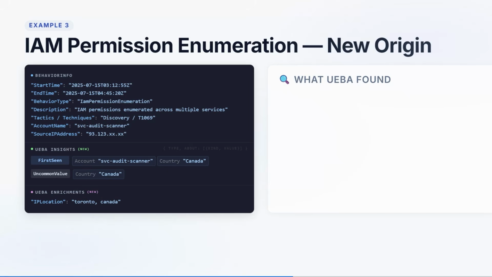Now, if I look further into the insights, I can see that I have two insights for the same entity, which this time is the country. So we have two layers, and in the first one, I can see that we have a first seen for the account from the country. In other words, it's the first time that the user connected from Canada.